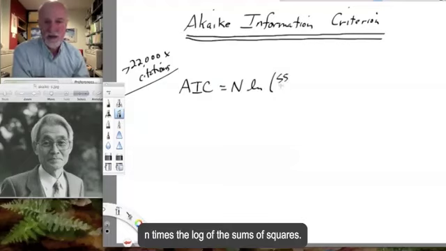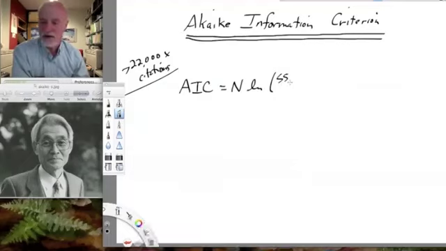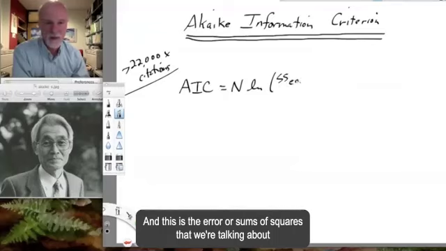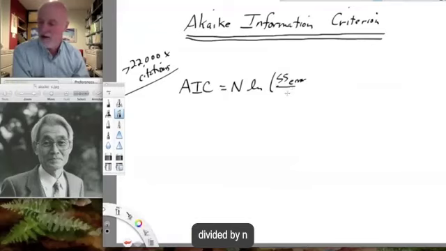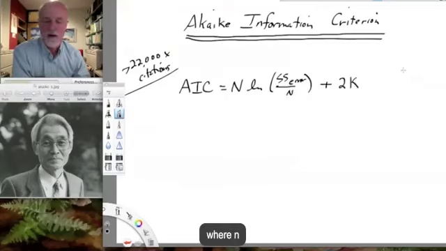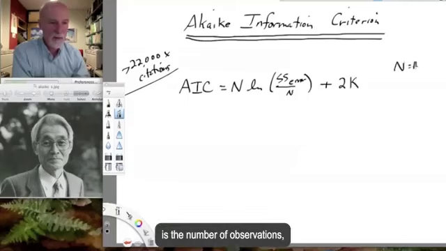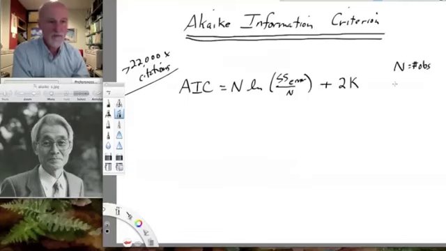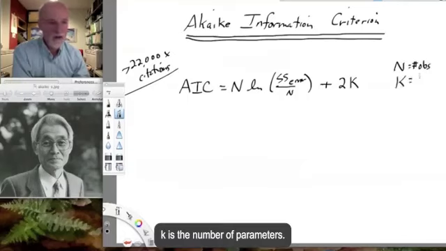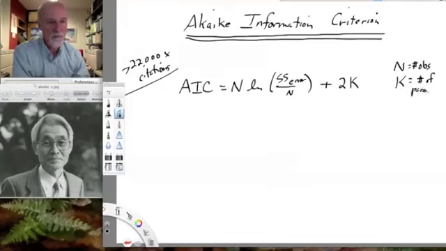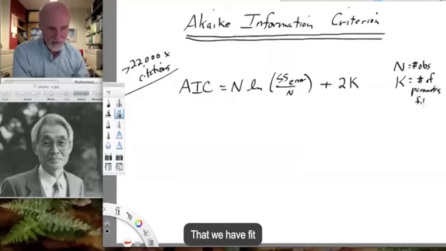AIC equals n times the log of S, the error sums of squares, divided by n, plus 2k, where n is the number of observations, and k is the number of parameters that we have fit plus 1.